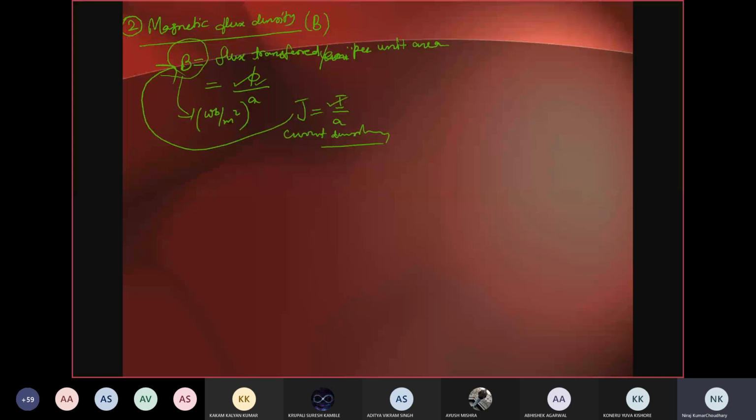Now third term, let us discuss about the magnetic flux intensity. Magnetic flux intensity, normally expressed by capital H. So how much intense is the magnetic field?